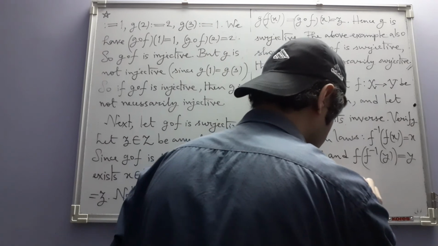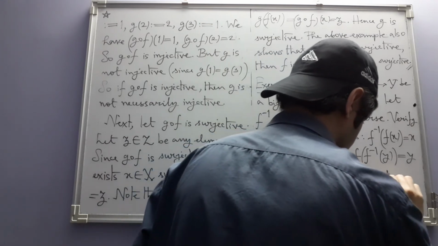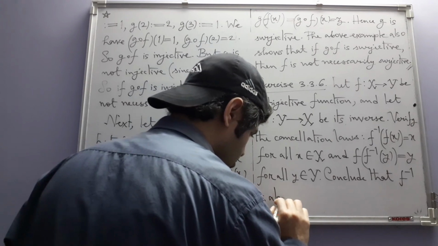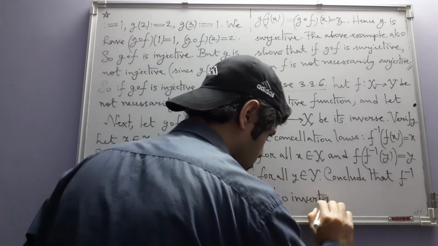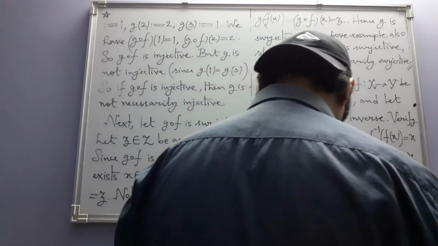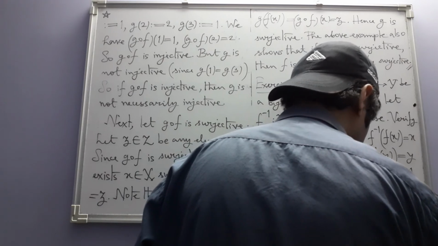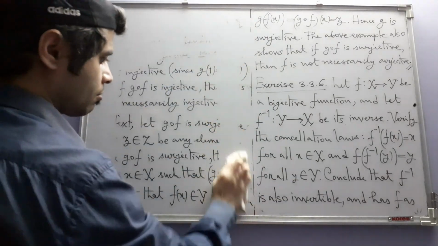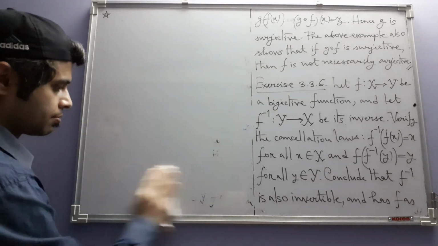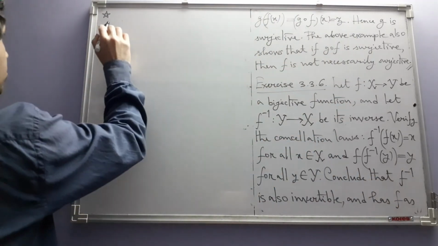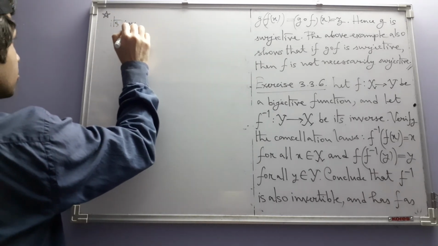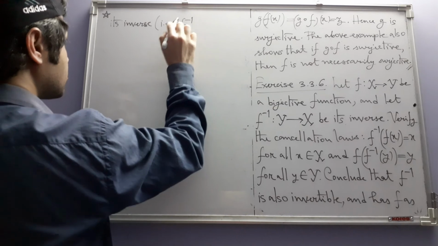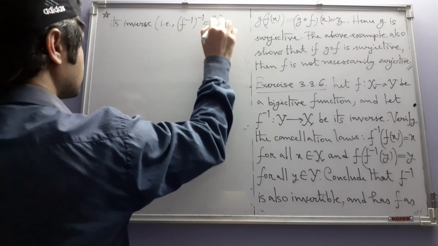Conclude that F inverse is also invertible and has F as its inverse, that is, this.